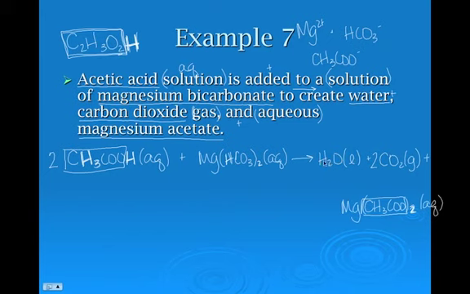Coming over to the other side, I've got 2 hydrogens and nothing else. Again, not counting this hydrogen because it is part of the acetate ion that I have already balanced. So since I have 2 hydrogens on the product side and I need to have 4, I'm going to put a 2 in front of my water. So now I have 2 times 2 or 4 hydrogens.